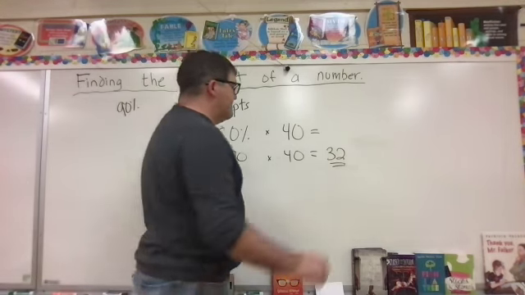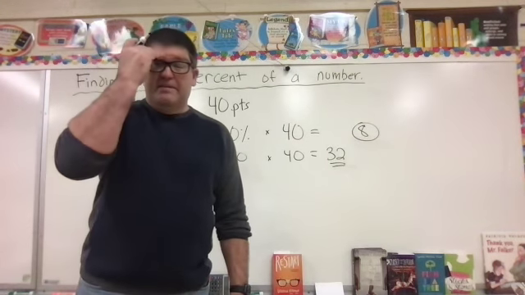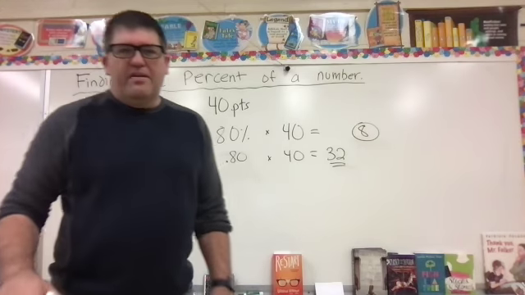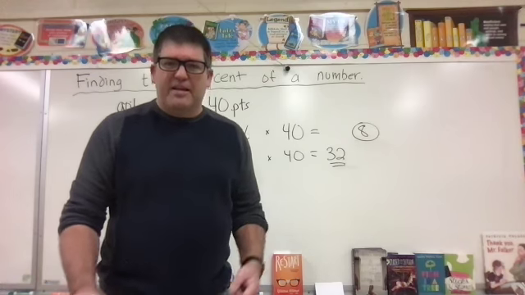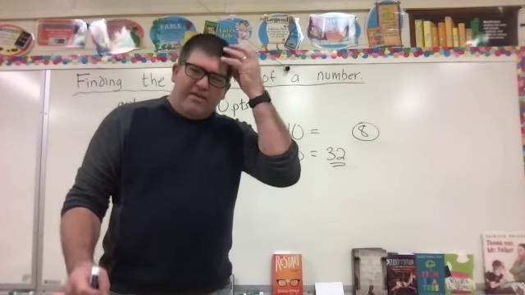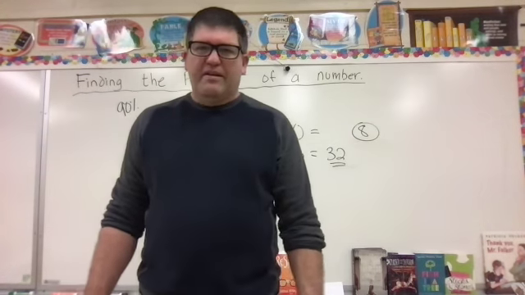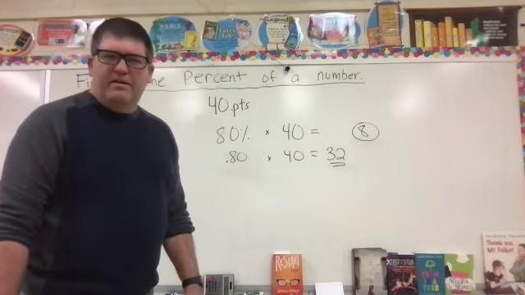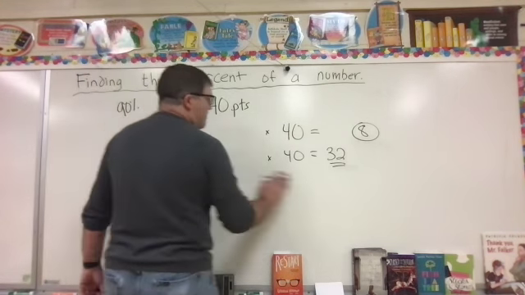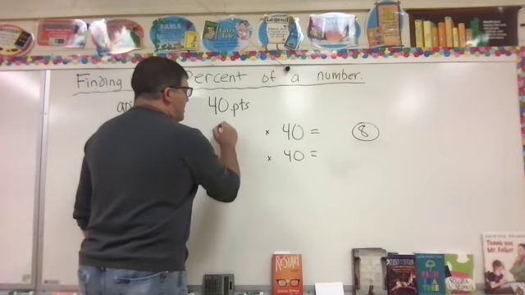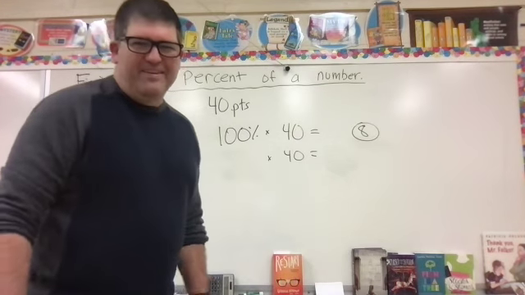Now this one I can miss. To get a B, I can miss 8 problems. Now, I don't want to miss 8 problems. I want to learn as much as I can. I want to know as much as I can. I want to have all that knowledge in my head. I'd love to get 40 out of 40. What would be 40 out of 40? Oh, that'd be 100%.